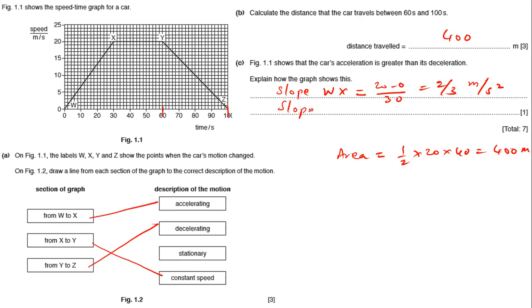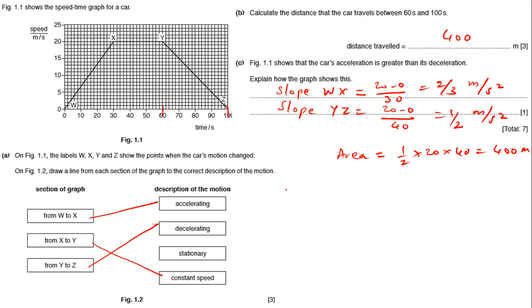Then slope YZ is equal to 20 minus 0 divided by 40, which would be equal to half meter per second square.